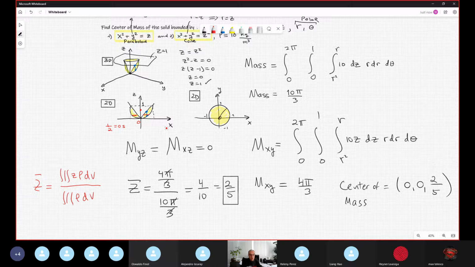That is the formula. Now this is the moment that they call Mxy. That C does not participate in the notation, but it participates in the integral because it's the C we want to find.